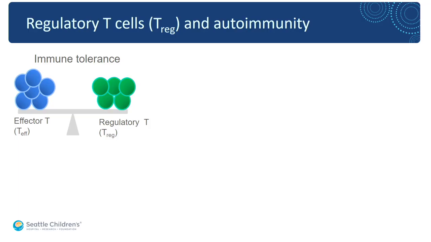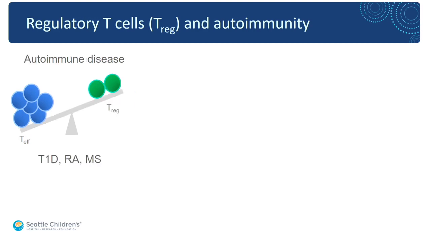So in a simplistic way, the immune system is balanced between the function of activated T cells and then turning them off using what are called a regulatory T cell population. But in autoimmune diseases, the effector T cells get the best of the events, and they drive this disease process.